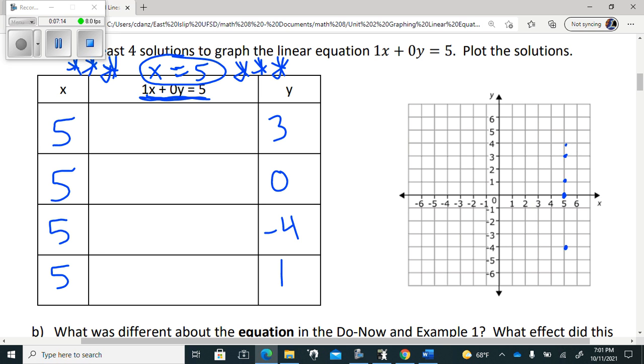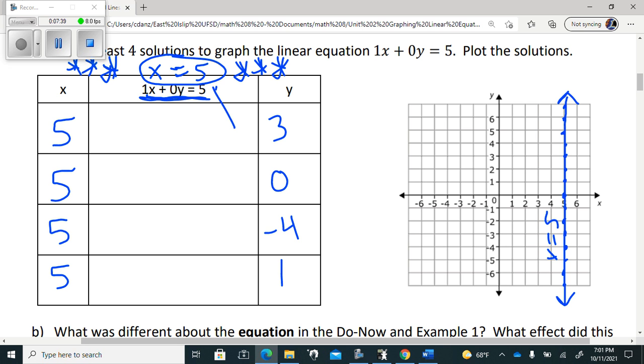Don't you agree that I should be able to fill in all of these points? And it's still a straight line. So when x is 5 and y can be anything, it makes a vertical line. We label this x equals 5.